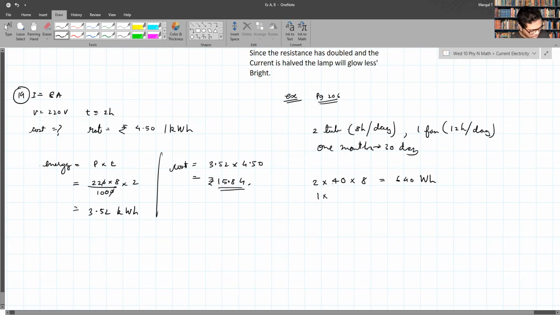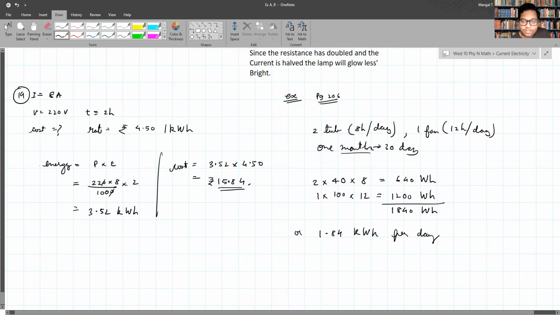In the table they have given for the fan 60 to 100, we'll take it as 100 into 12. So that will be 1200 watt hour. If I add them, I get 1840 watt hour, or I can say 1.84 kilowatt hour per day.